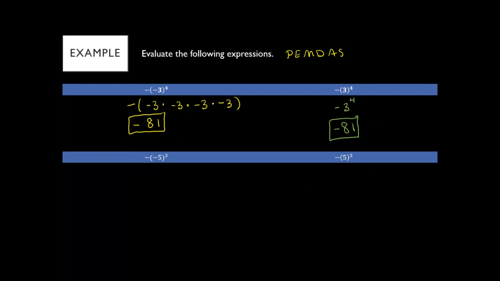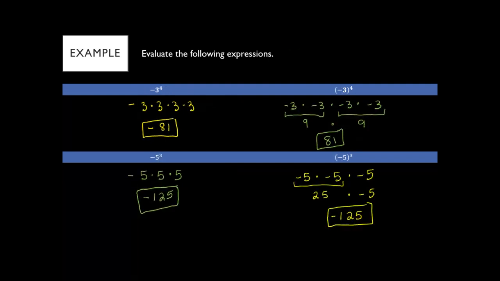Now, bottom left, I've got a negative and then parentheses, (-5) to the 3rd. So again, we need to do the exponent first. So we have a negative, and then we have (-5) to the 3rd power, which is basically -5 multiplied by itself 3 times. So we've done that. That was this example bottom right here, (-5) to the 3rd power.